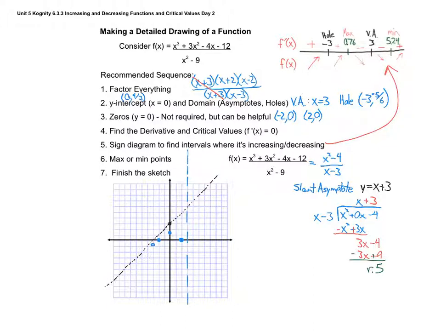Well, we also have the slant asymptote, so it's coming from very, very close to that asymptote up to the hole. And then it continues to increase through this 0 until we get to where the max is at a positive 0.76. So it goes through the y-intercept. At some point here it reaches a max when x is 0.76.